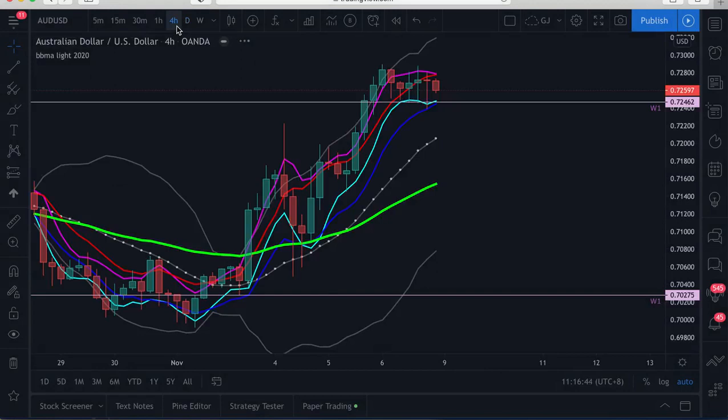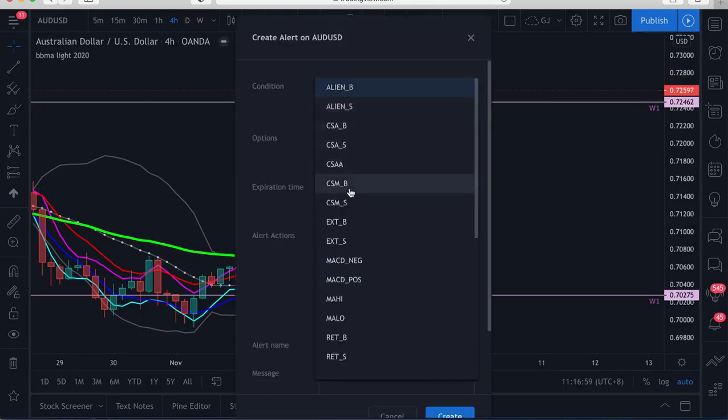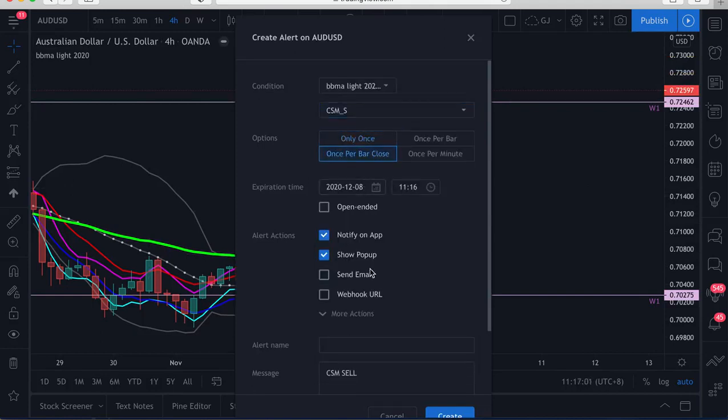And on H4, price is closing inside the top BB, so this is a MHV sell. So far we have not seen any CSM sell, so we just go ahead and create an alert for CSM sell for our sell setup.